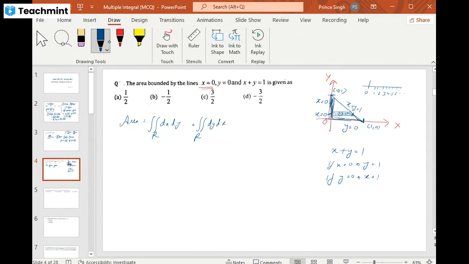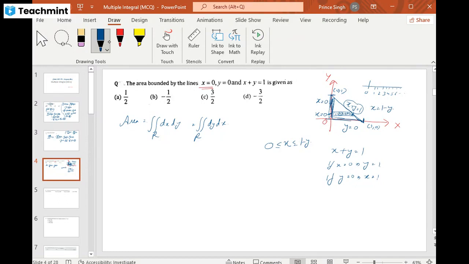Because firstly we are taking the limit of x, the value of x starts from this line. This line is x equal to 0. So the limit of x starts from 0 and ends at this line. So what is the value of x along this line? x is equal to 1 minus y. So the limit of x varies from 0 to 1 minus y.